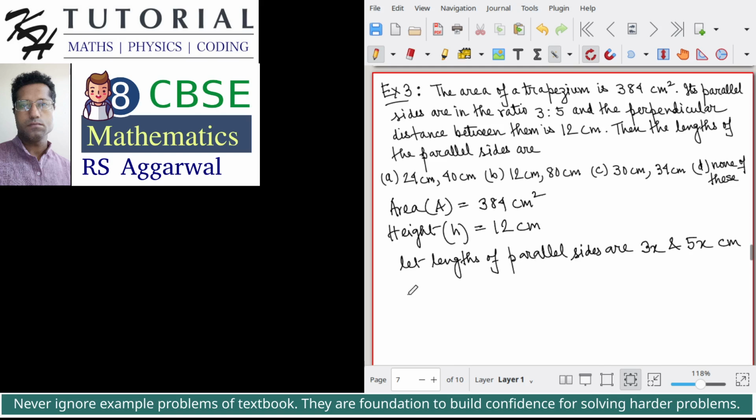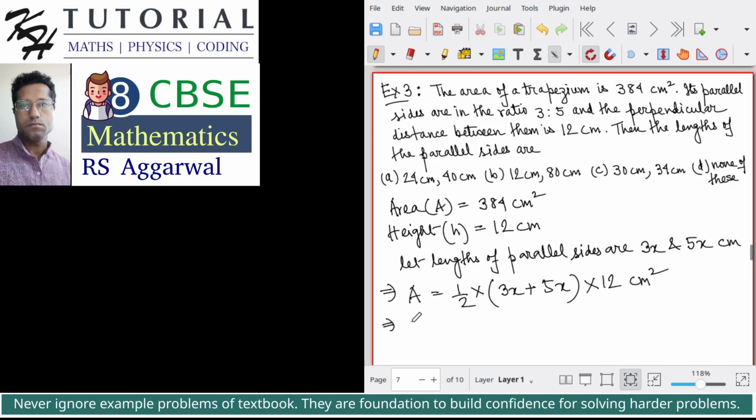So this will imply that area A will be equal to half multiplied by the sum of the lengths of the bases, that is 3x plus 5x, and we have the height, which is 12 centimeter.